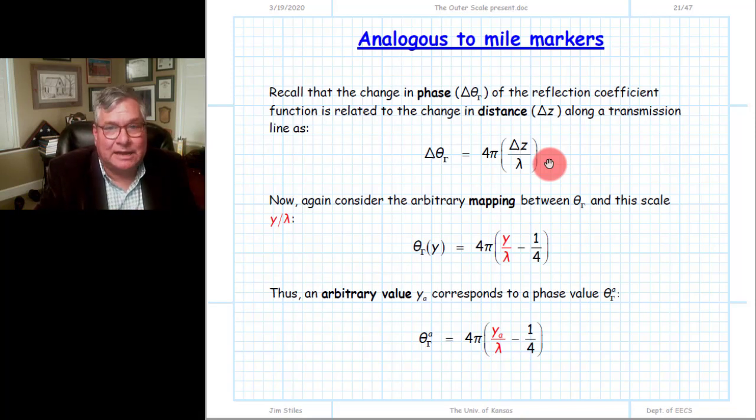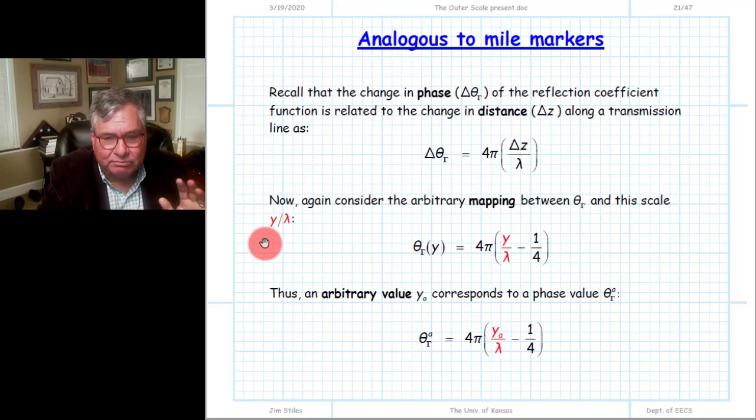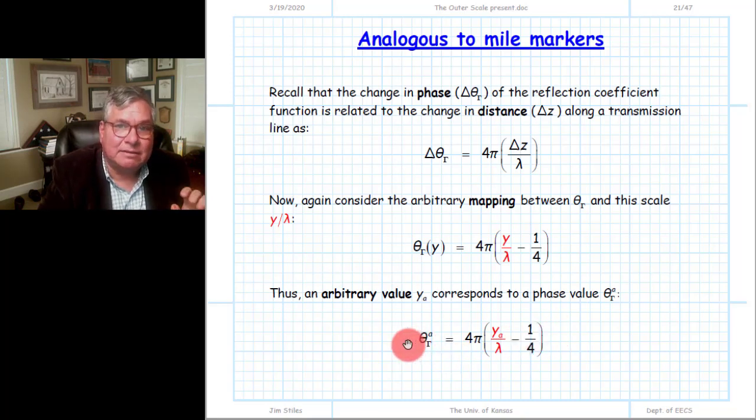What we're going to find is that's true likewise for this scale value, again I call y over lambda, the scale value associated with the Smith chart. Just quickly here, if I were to evaluate this angle at some value we'll call y sub a, we get an angle of theta a.